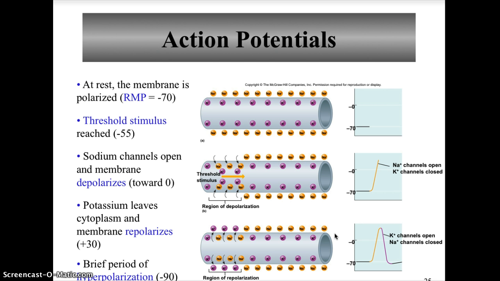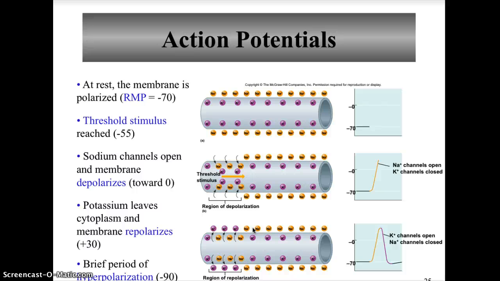And it's going to cause a reversal of the membrane potential to go to plus 30 millivolts. So potassium ions leave the cytoplasm and the membrane is going to now repolarize itself. And in repolarization, this event is called the action potential. And the action potential represents the start of an impulse on that neuron.